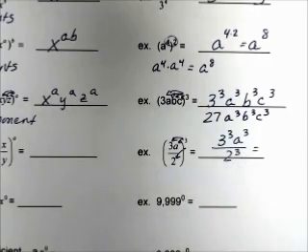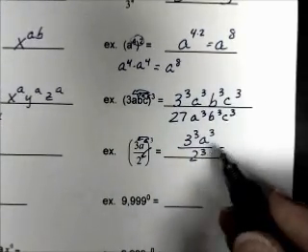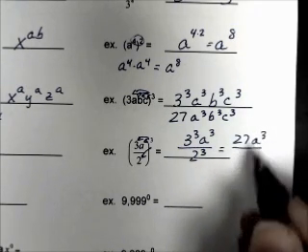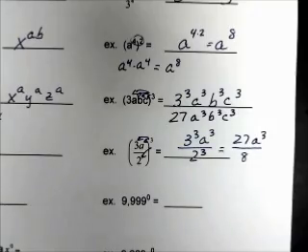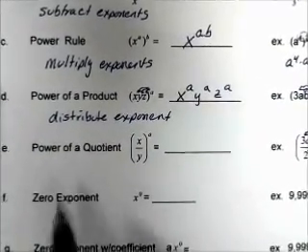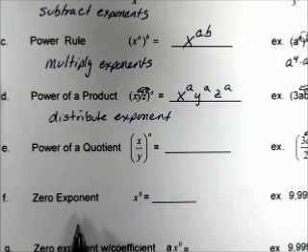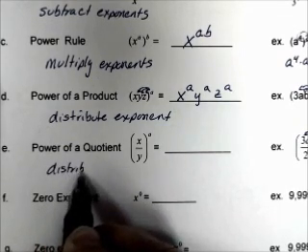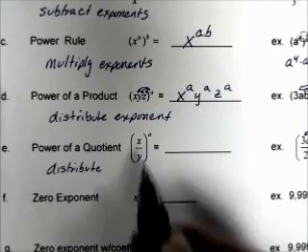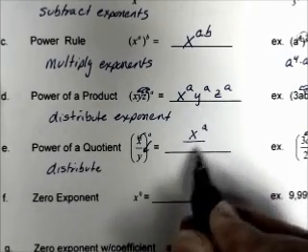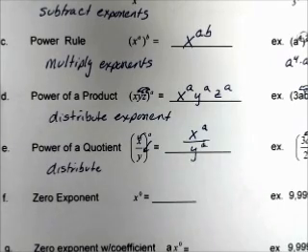And we can simplify this just a little bit. 3 to the third is 27, a to the third, and 2 to the third is 8. So when we have a quotient raised to a power, again, you're going to distribute into both numerator and denominator. X to the a over y to the a.